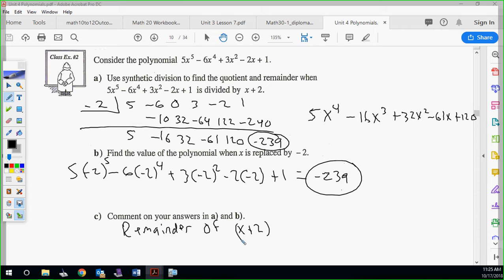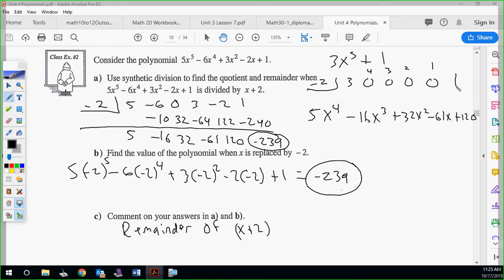So if, for example, I wanted to synthetically divide 3x to the 5th plus 1, I would have to go -2, 3, 0 for the 4 spot, 0 for the 3 spot, 0 for the 2 spot, 0 for the 1 spot, and 1. Every place has to be accounted for. Okay. That make sense? Okay.